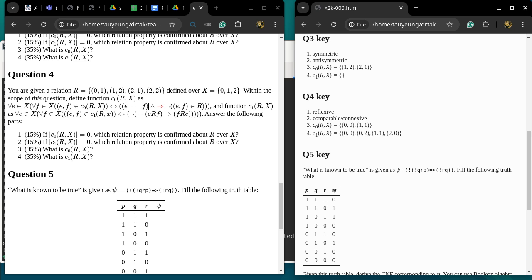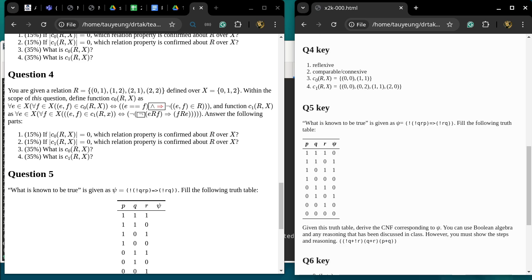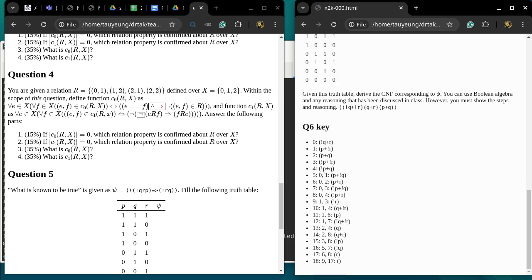So question number 5 does not have a key that is automatically generated because I actually have to read your steps and see if it is correct. So this is going to be the one that will take me the longest to grade. And then question 6 is also going to take some time because this is the automatically generated one, which is very mechanical, and it's probably a lot longer than it has to be.